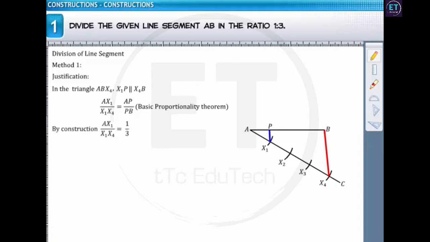By construction, AX1 upon x1x4 is equal to 1 upon 3. Thus, AP upon PB is also equal to 1 upon 3. In other words, the ratio AP is to PB is 1:3.